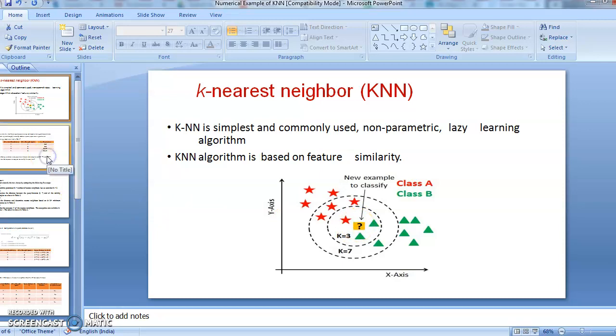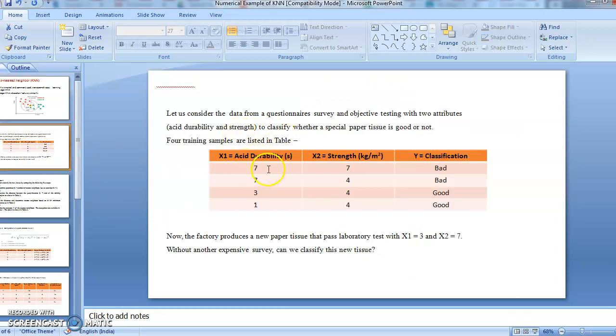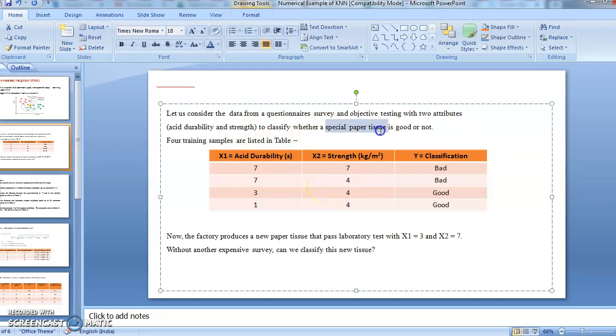So see the example. Let us consider one survey which is conducted for deciding whether a special paper tissue is good or not. There are two attributes considered for this. First is acid durability and second is strength. There are 4 data points given to you.